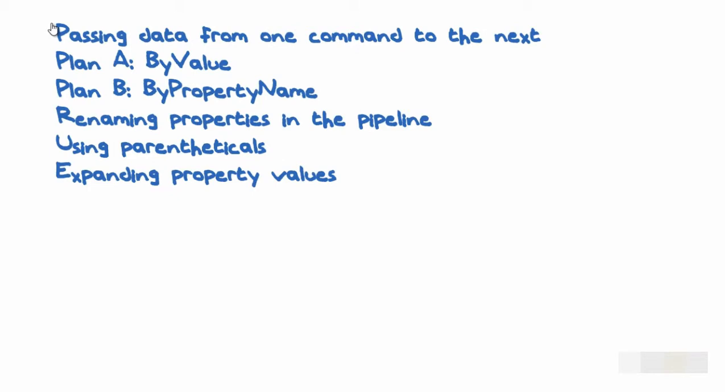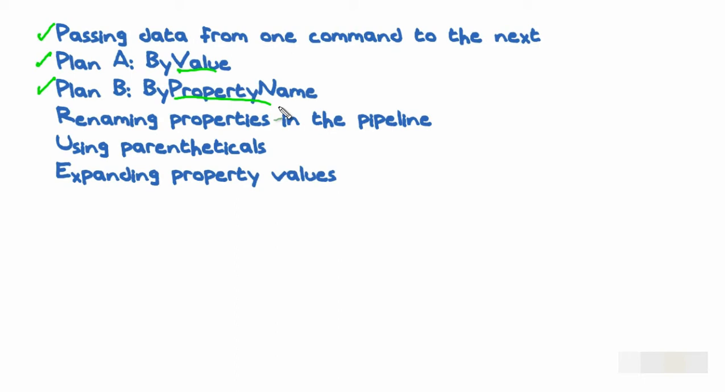We covered a lot. I showed you how PowerShell pipes information or passes data from one command to the next. It starts by plan A, by value. Plan B, if that fails, is by property name. And I showed you where to find all the details about what parameters will accept that in their own help files.